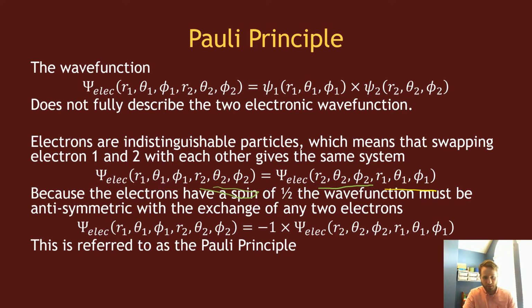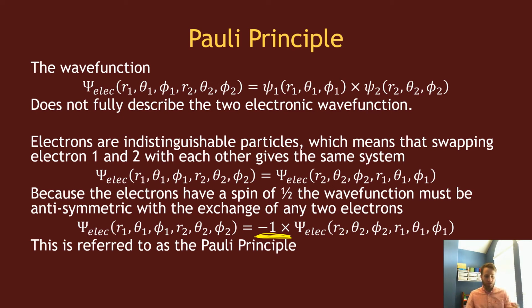So I need to have a wave function here that is anti-symmetric, so that they equal each other, but with opposite sign. Anti-symmetric exchange means that I have this multiplied by a -1 term. And this is the Pauli principle, which leads to the Pauli exclusion principle: the fact that my wave function has to be anti-symmetric when I exchange the labels of two electrons, because I can't actually distinguish between two different electrons, so calling one electron 1 and the other electron 2 is very arbitrary.